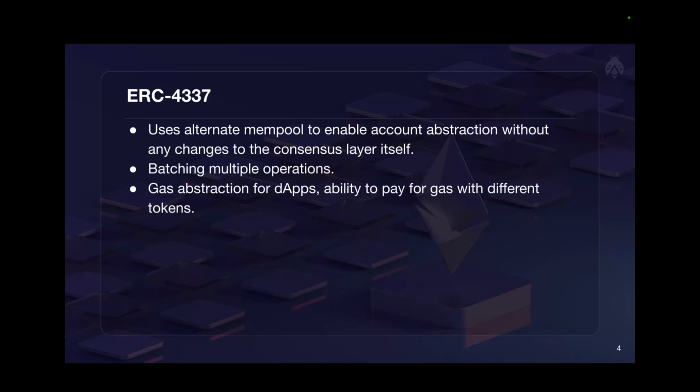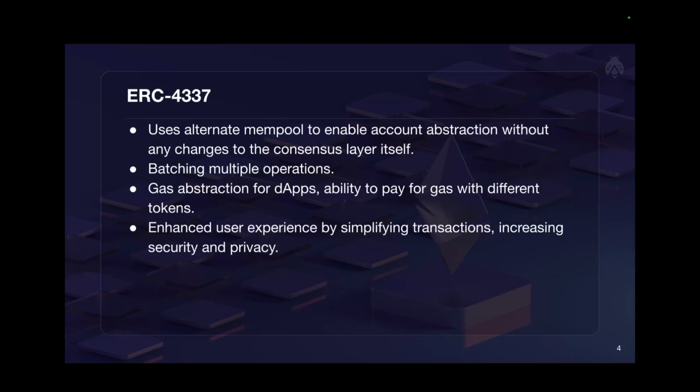And for gas abstraction for dApps, you can pay using paymasters. You will be able to pay for gas using different tokens. It simplifies the transaction and the way we interact with chains. You can do so many things with a button click, with a single signature, which enhances the user experience and simplifies the transaction without compromising on security and privacy.